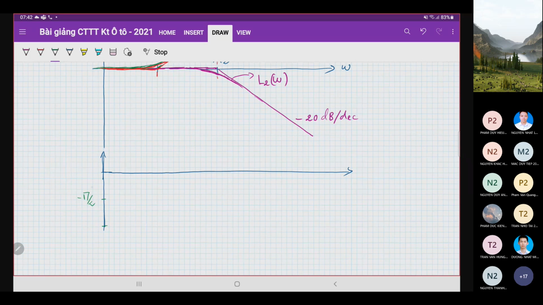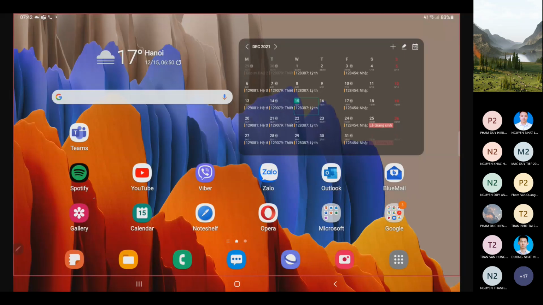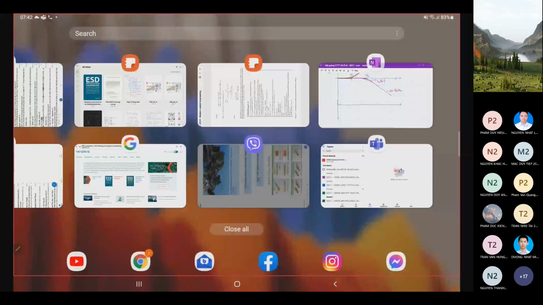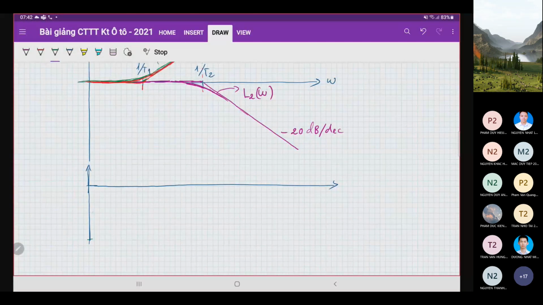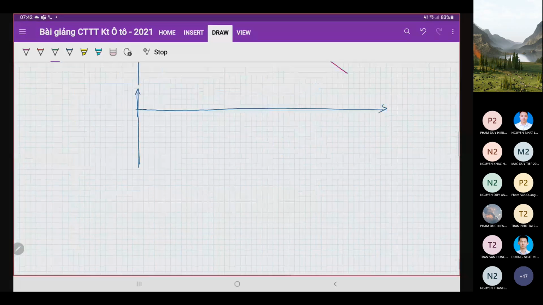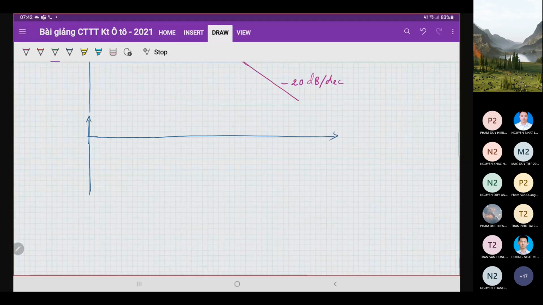No, we just have minus pi over 2. So I'll draw it a little bit bigger here. Here we have minus pi over 2.